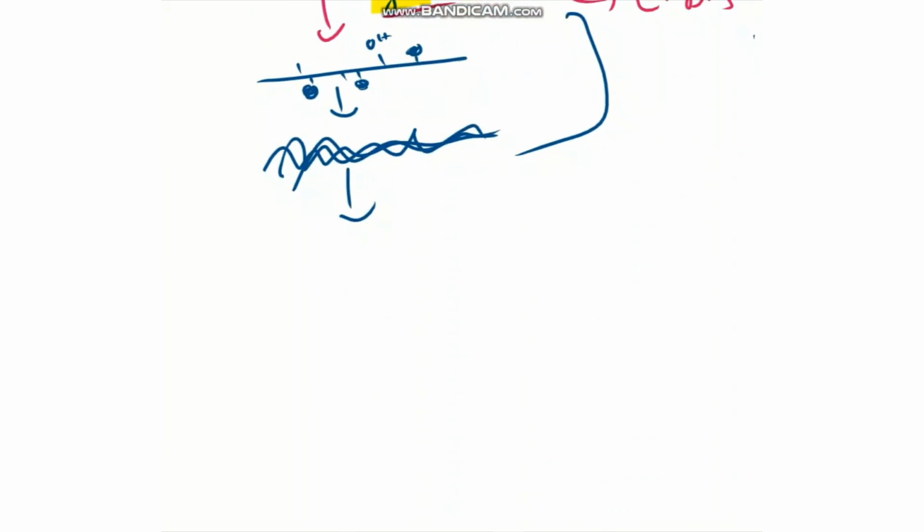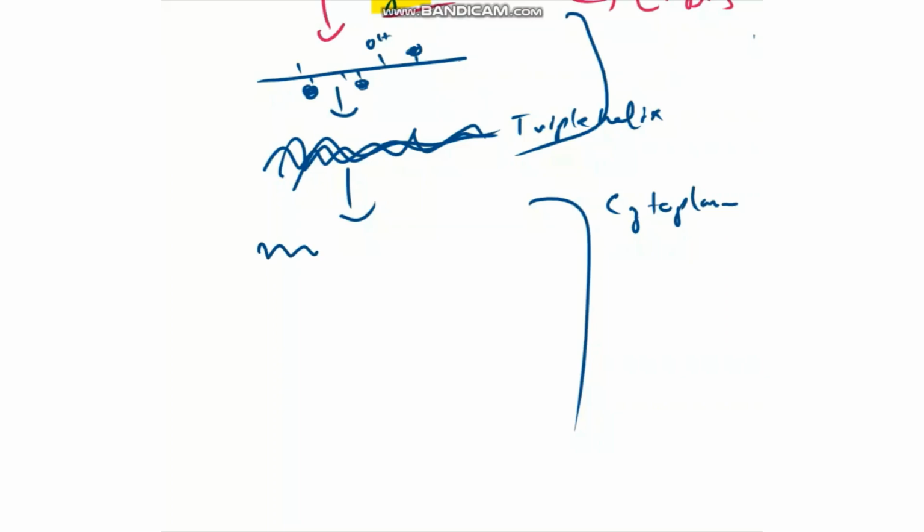So now finally, after we have the triple helix, let me just write that down, triple helix, then it will be secreted into the cytoplasm, and here it enters the cytoplasm. All right. In the cytoplasm, it is again cleaved.